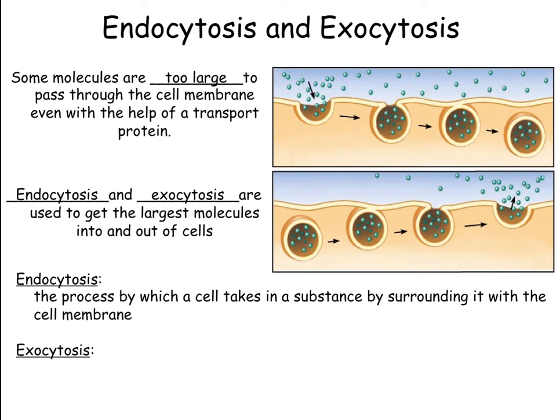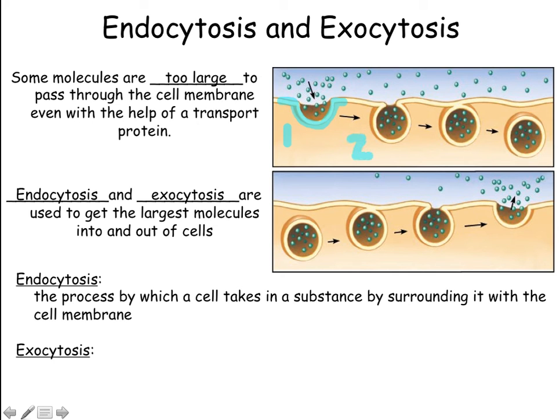This process is illustrated in the first panel. First, a small part of the cell membrane, highlighted here, folds in like this. So this is one. The reason for this is it's going to create a pocket for the large molecules that it wants to move into the cell.